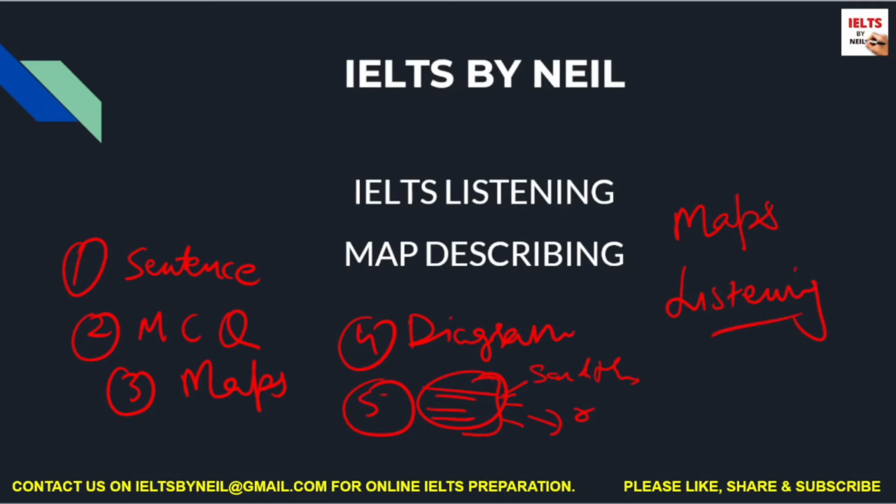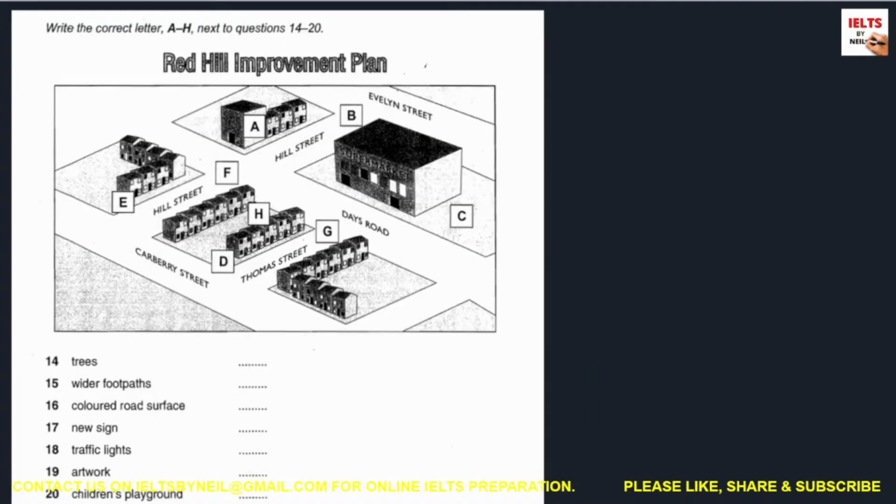So let's see what happens when you get a map, how to attempt it, and what are the things that you need to be really careful of. I'm going to take an example of a map, this one here. As you can see, the Red Hill Improvement Plan. Red Hill is the name of the city, and the improvement plan is given.